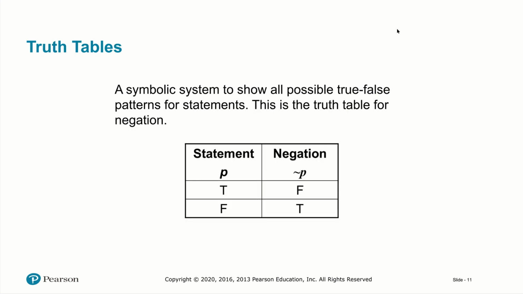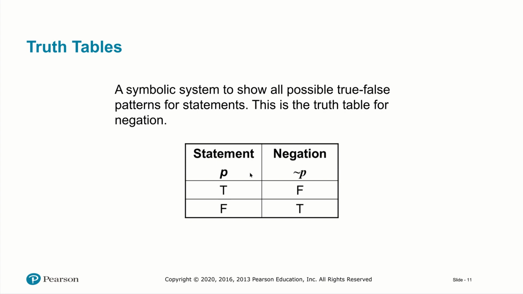All right, so when it comes to logic, one of the most useful tools at our disposal is what's called a truth table. It's a symbolic system, basically using a table that shows all the possible true-false patterns for the statements. Now, here's the truth table for negation. You write a statement such as P, which could be any statement at all. What are the possible values for P?